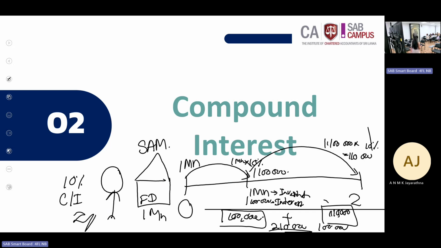Hope you have understood the concept of compound versus simple interest. Are you clear on this?